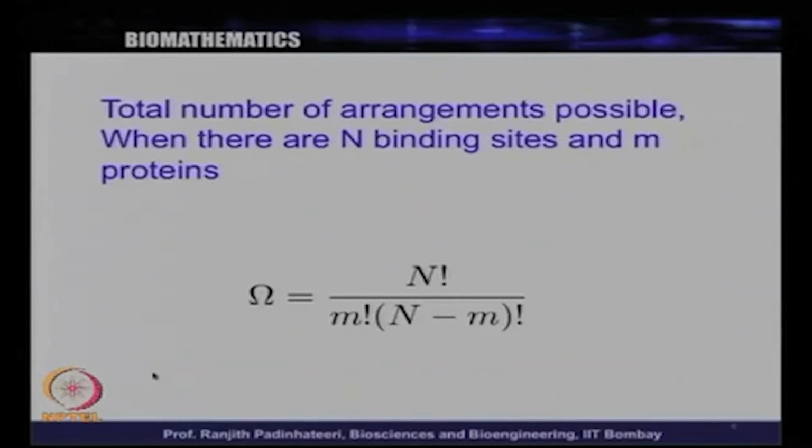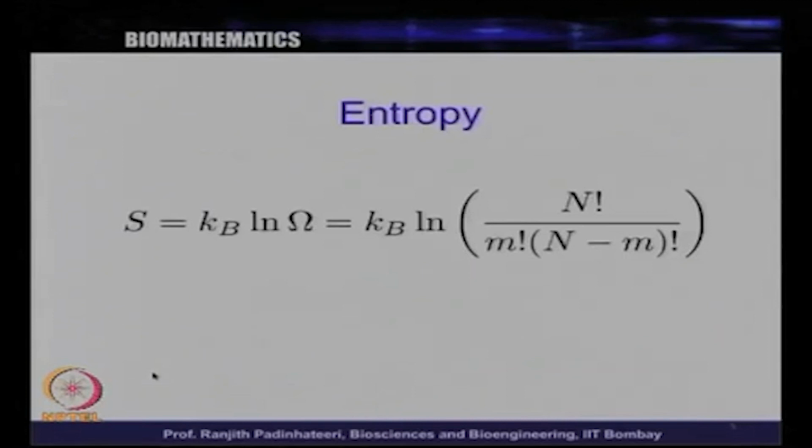So, this is omega, then the entropy has to be Kb log of omega. So, this is the entropy, S is equal to Kb log omega, which is Kb log of n factorial by m factorial into n minus m factorial. Okay, so, now what is this?